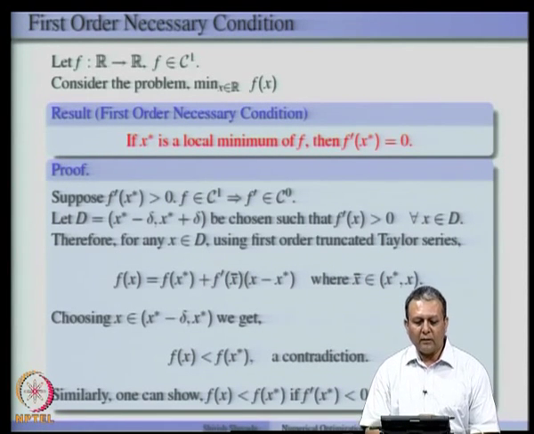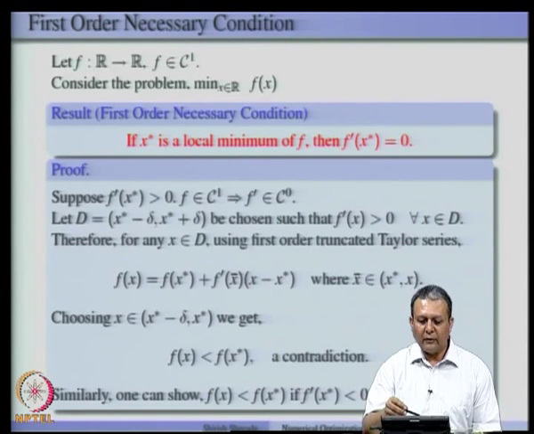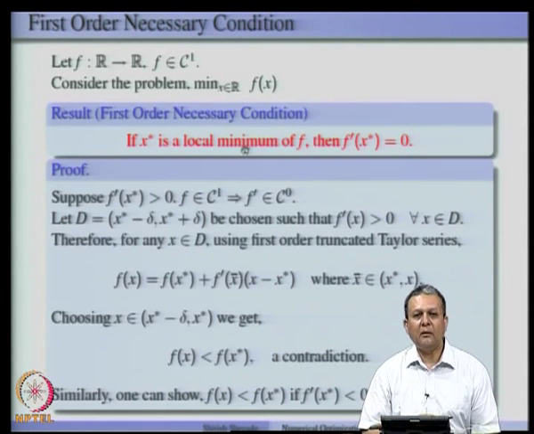Now, let us look at the proof of this result. The proof is based on the fact that we have a statement of the type A implies B. What we do is assume that B is not true and then show that A is not true. We saw this method of proof in one of our earlier lectures.